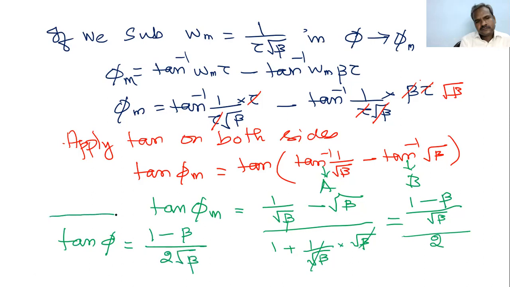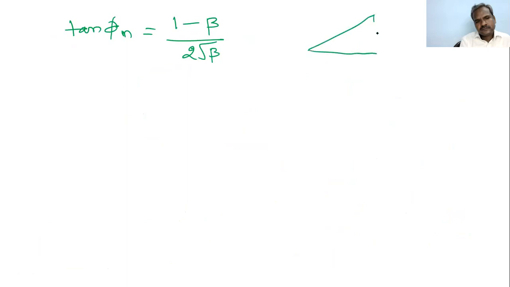Similar to the lead compensator, we can find the sine value from tan phi m, the maximum phase angle, which is 1 minus beta divided by 2 root beta. Similar to the previous discussion, just solve for phi m. This is 1 minus beta, 2 root beta, and this obviously becomes 1 plus beta.